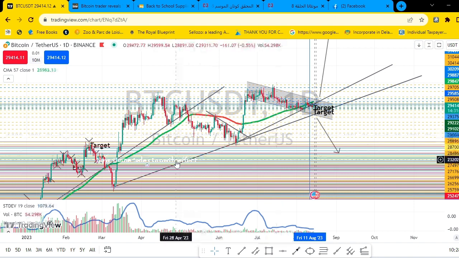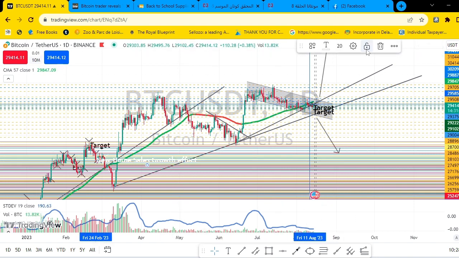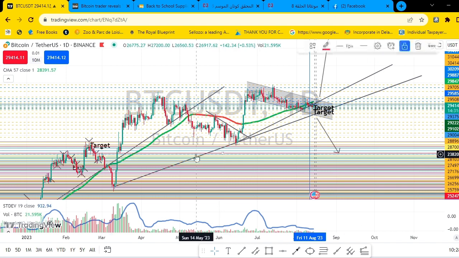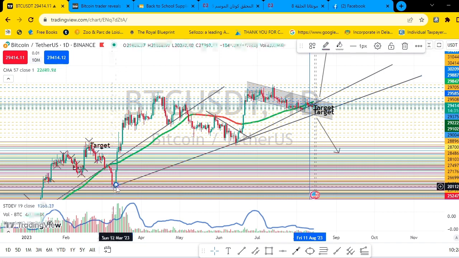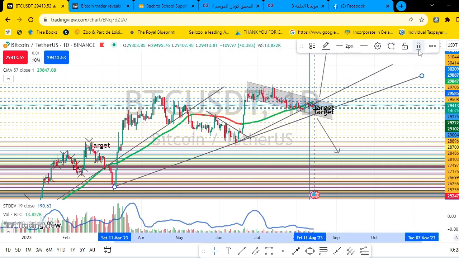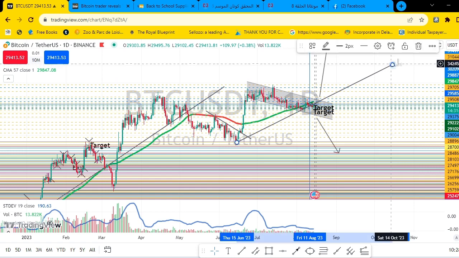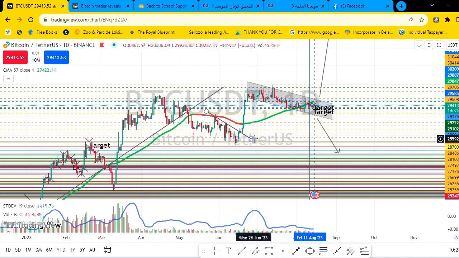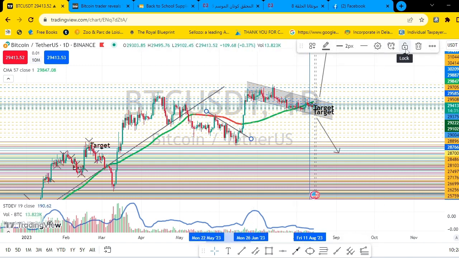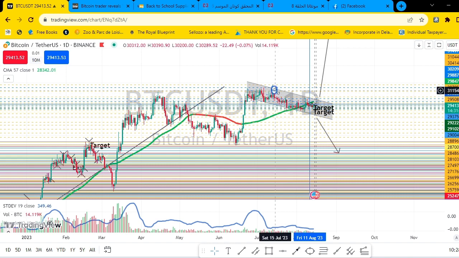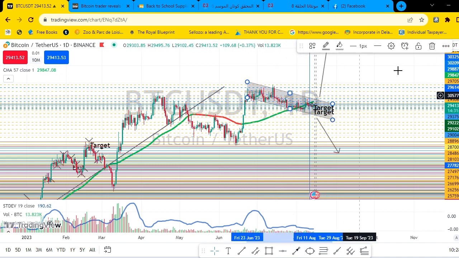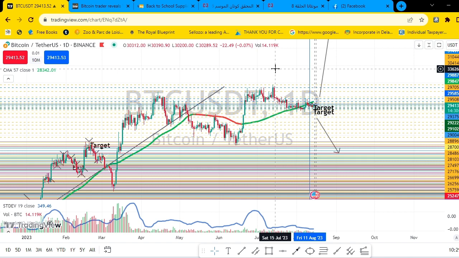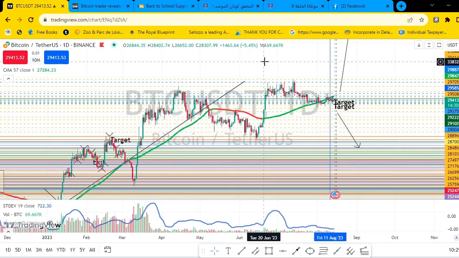But when I analyze before I place any trade, I usually make that on the 1 hour chart to give me a clear idea of what I'm going to do on the 15-minute or 5-minute chart.